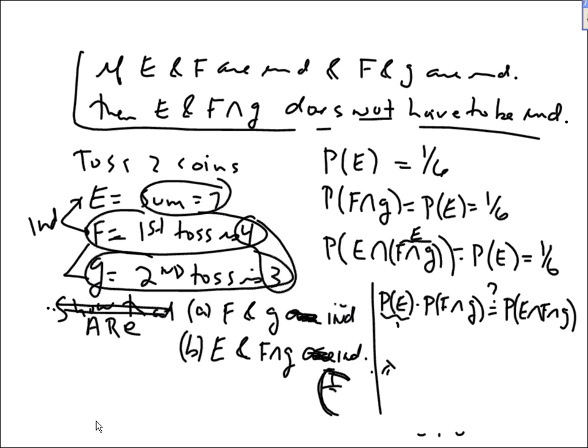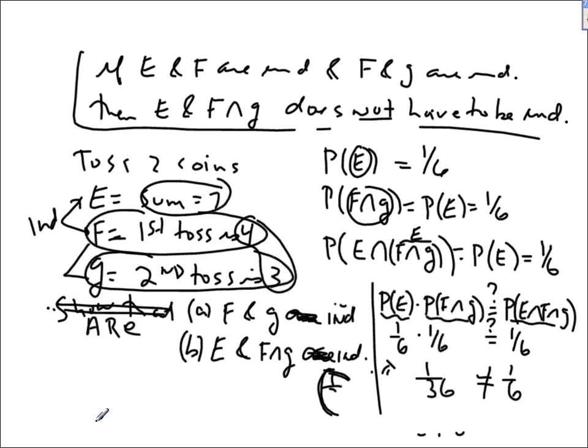Well, this probability is a sixth times this probability is also a sixth, and this probability is also a sixth. 1 over 36 does not equal 1 over 6. Okay, so no, this set and this set are not independent.